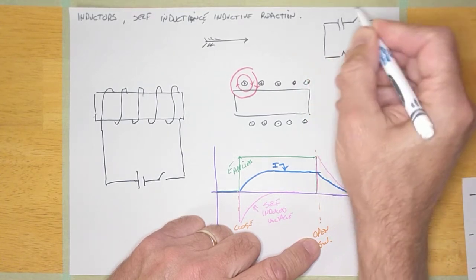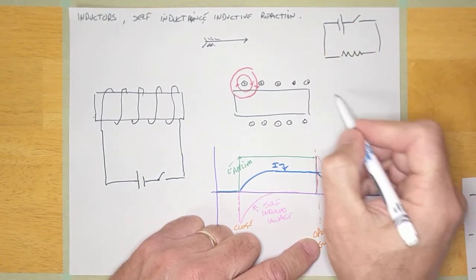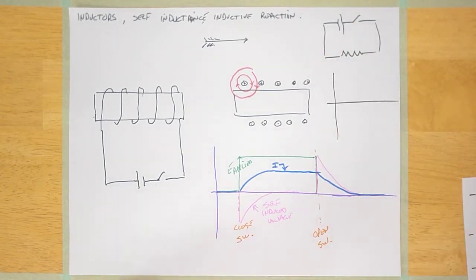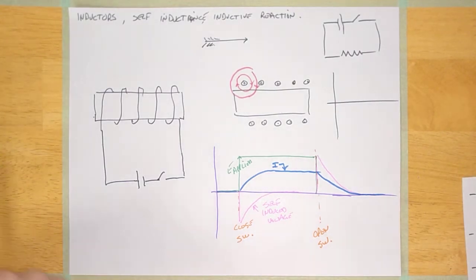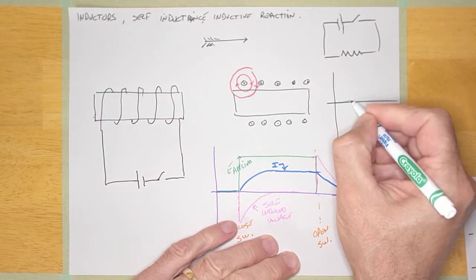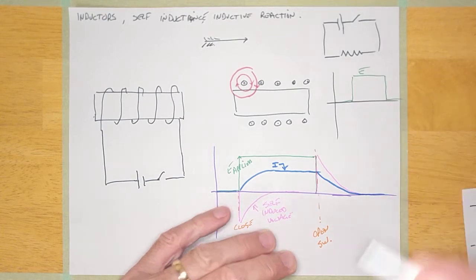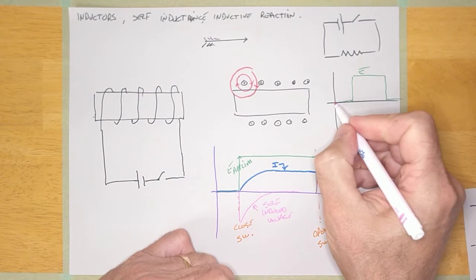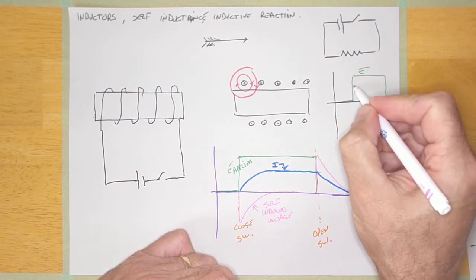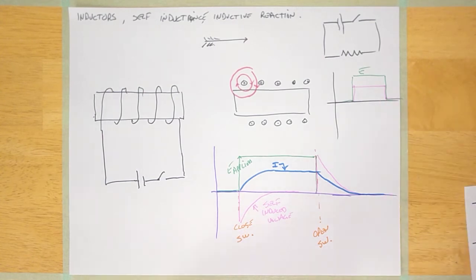And if I plotted this exact same thing in time, I would have no voltage and no current with the switch open. Eventually I'm going to close the switch. There's my voltage, guys. And then I'm going to open the switch, and there'd be no current here.